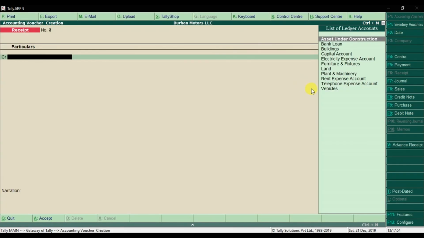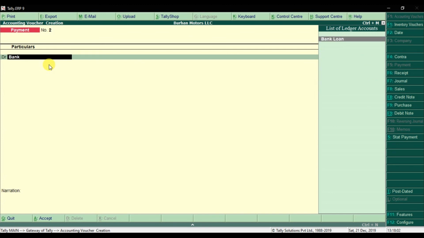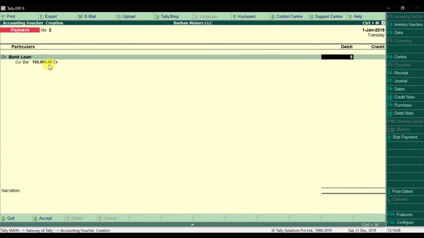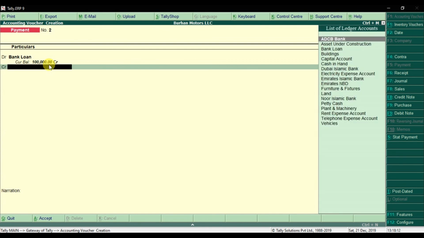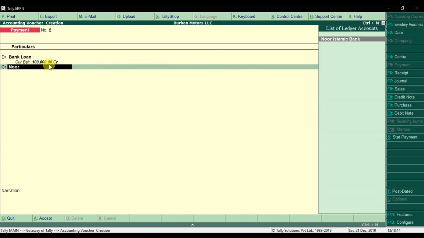Yes. So accounting voucher and F5 payment. So debit is what? Debit is the bank. Debit is bank or bank loan? Yeah. Okay. Bank loan, because liability is decreasing now. With an amount 50,000, enter, and you are paying it through Noor Islamic Bank.